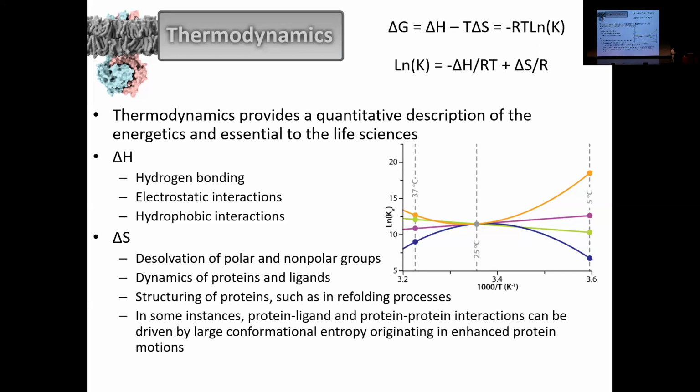Bonds forming, breaking. In terms of what I'm showing you today, we're going to think about hydrogen bonds, electrostatic and hydrophobic interactions, and delta S as entropy, you've learned as randomness, right? Order to disorder. For example, when you first came here, your dorm room was probably perfectly ordered, right? What happened over time? It's chaos, I know, all right? That's entropy at work.